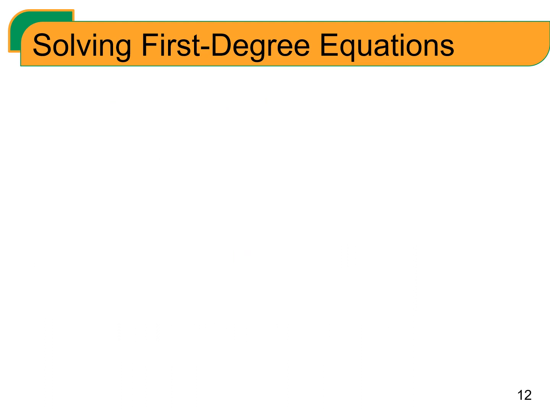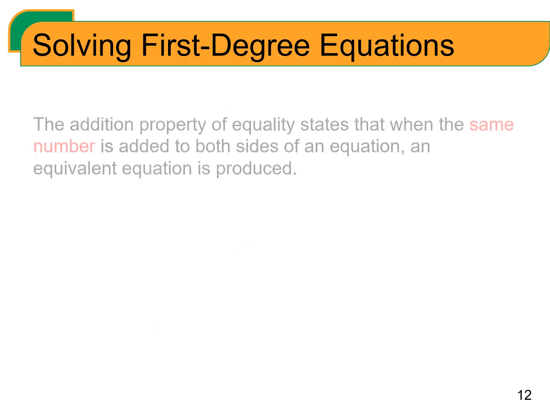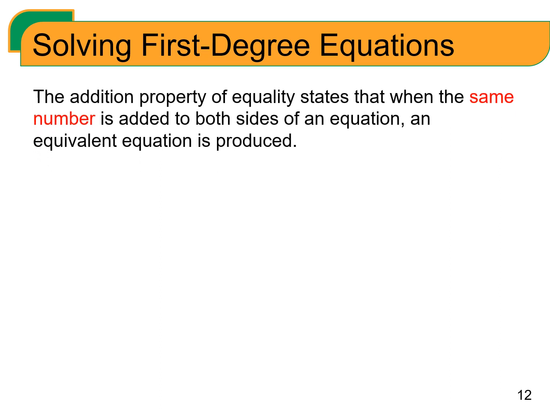Let me repeat what we just showed you a while ago. The addition property of equality states that when the same number is added to both sides of an equation, an equivalent equation is produced. That means they have the same solutions.